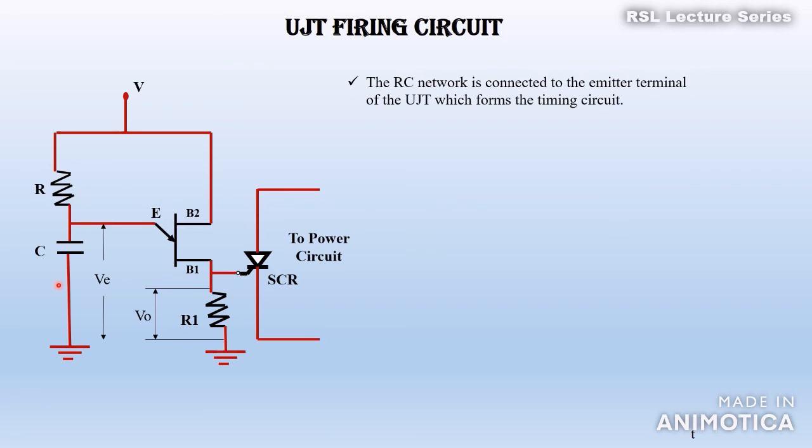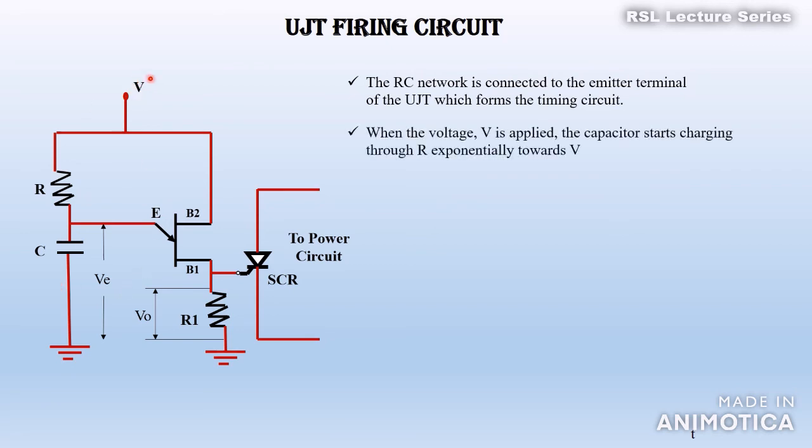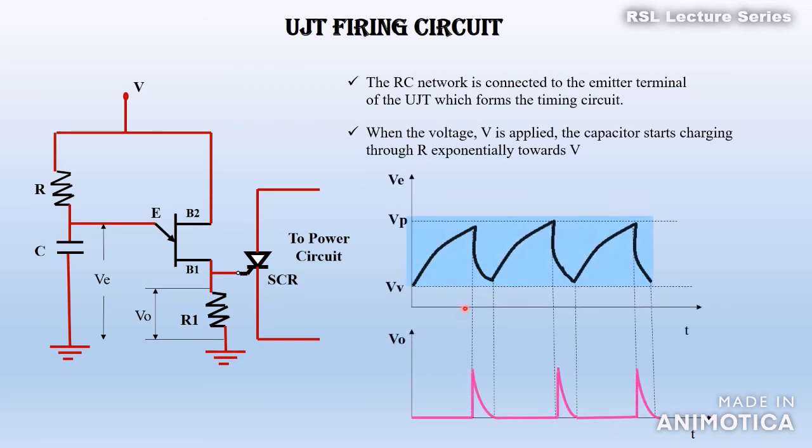Initially, when the voltage is applied, the capacitor will start charging through this resistance. This capacitor voltage is equal to the emitter voltage. The capacitor will start charging exponentially towards the supply voltage V. This waveform shows the charging and discharging of the capacitor.